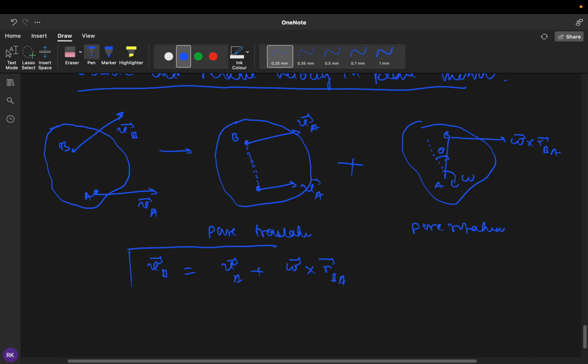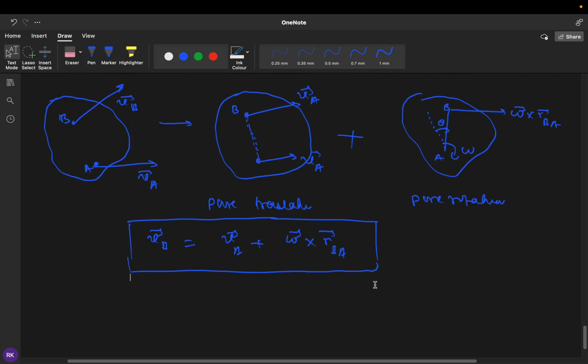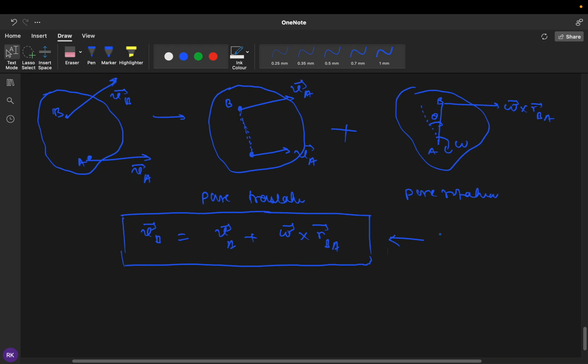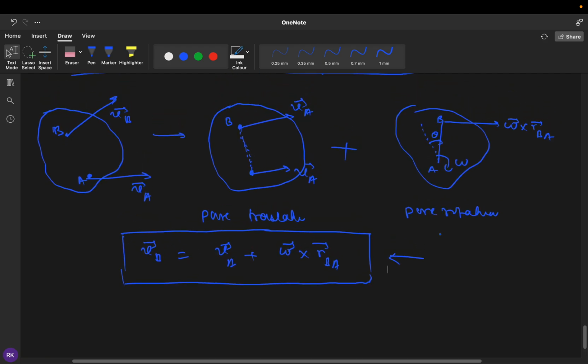So if the rigid body is in general planar motion, then the relative velocity of any point with respect to any point can be written by this equation. Okay, is there any doubt? Tell me, is there any doubt here?